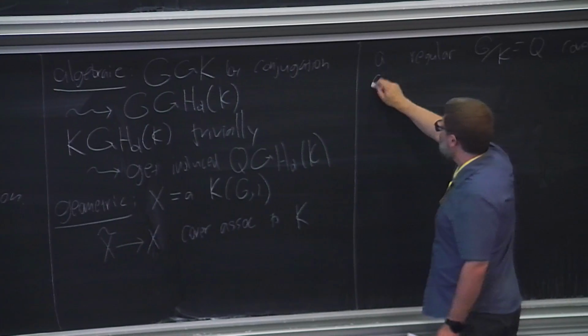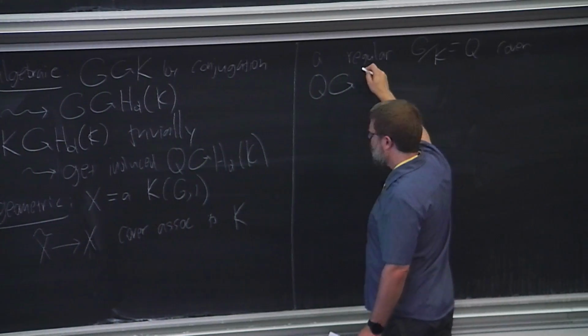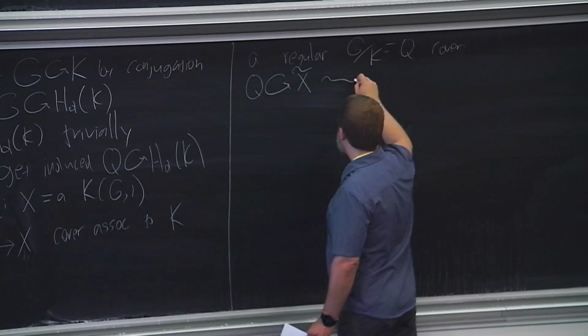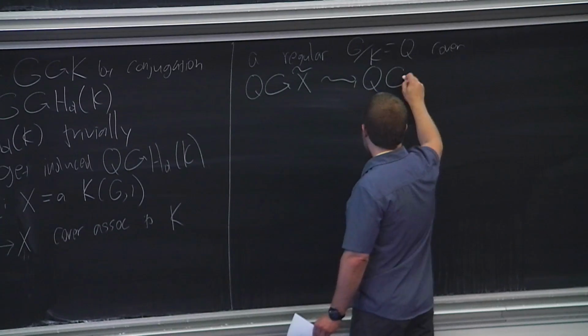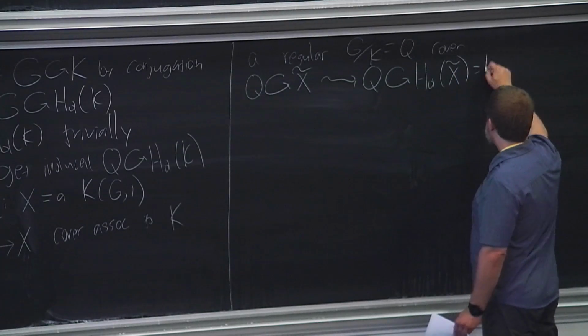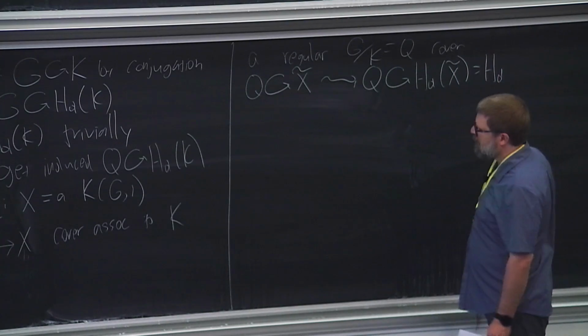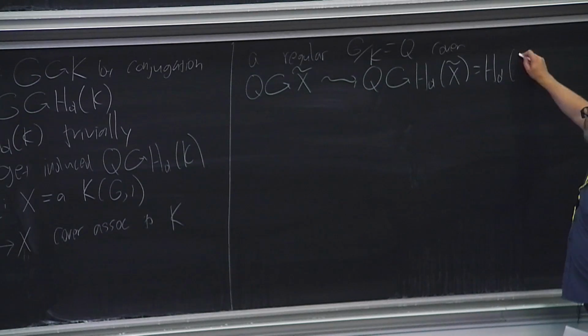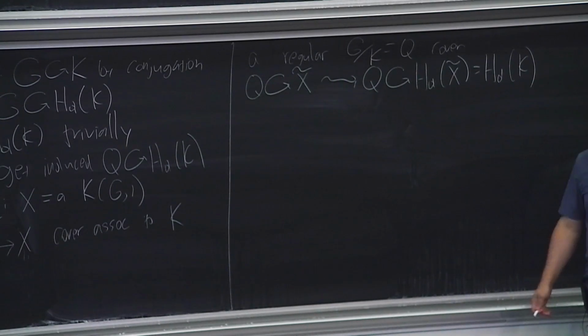So the action of Q on X tilde induces an action of Q on the dth homology group of X tilde, which is the same thing as the homology of K, because X tilde is a K(K,1).